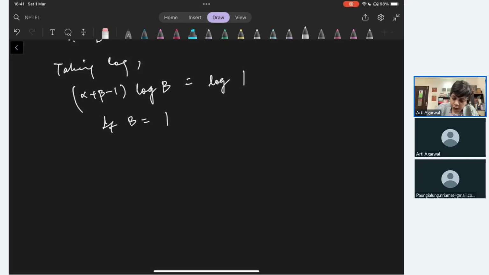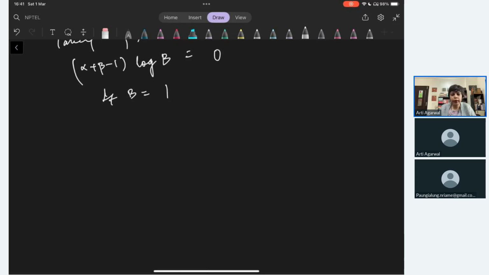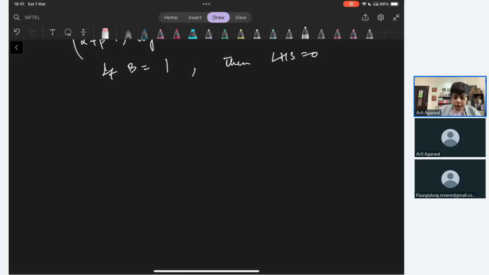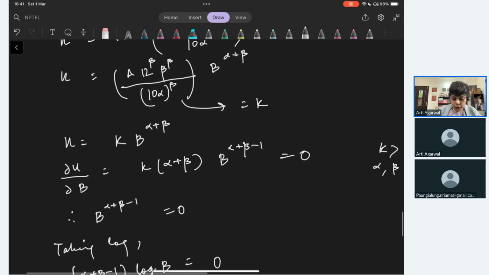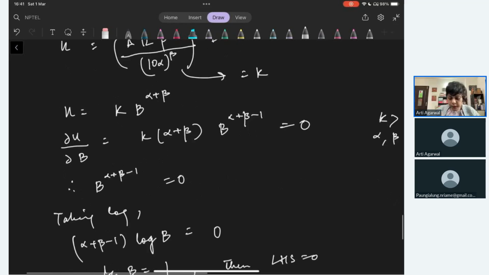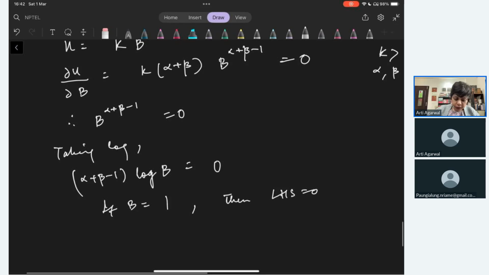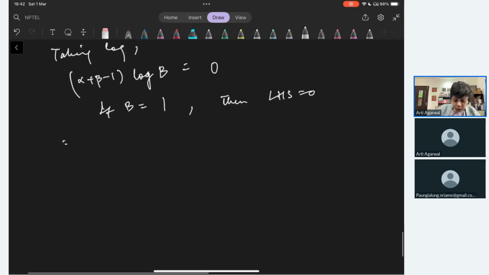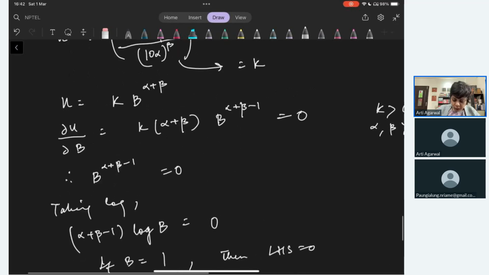You don't even need to write this, just 0 is enough. Alpha plus beta minus 1 can be any positive number, but if B is equal to 1, then LHS is equal to 0, right? So therefore we get the answer B equal to 1, and you can substitute the value of B equal to 1 in the expression for Z, and therefore you get Z is equal to 12 beta by 10 alpha.